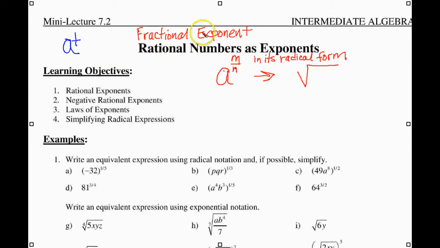So, fractional exponents, how are they related to radical expressions? Well, here's the fractional exponent, and here's the radical sign. Well, here's what happens. We take our base, and our base becomes the radicand.